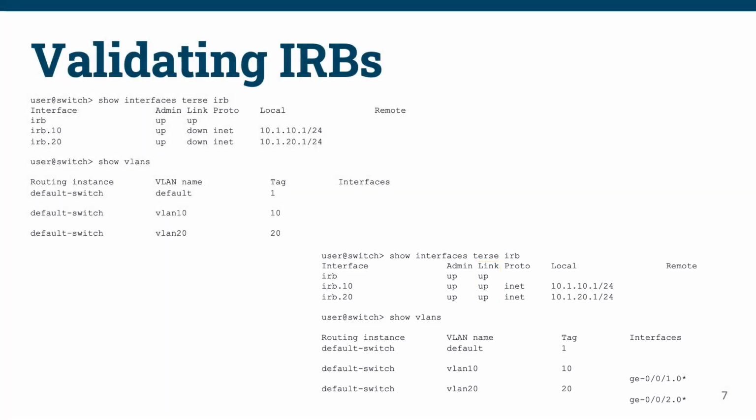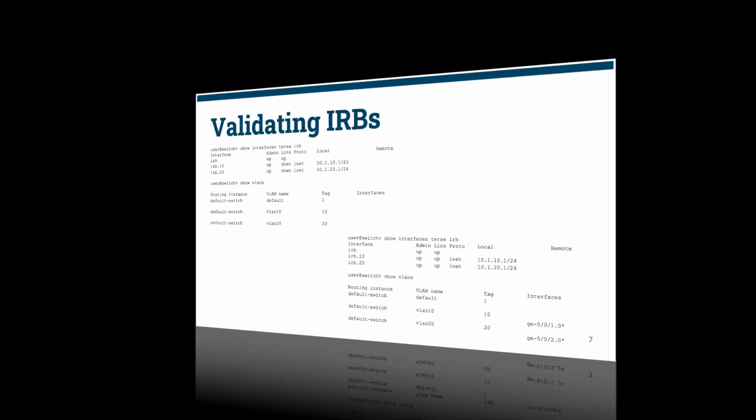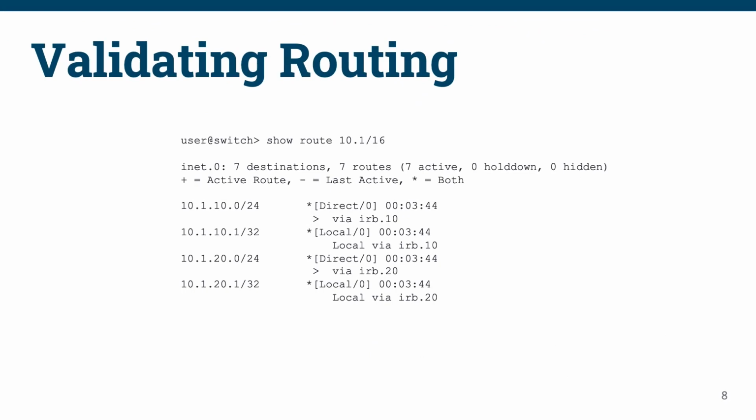Now that we've validated the physical status of our newly configured IRB interfaces, let's review what effect this has on our routing table in the device. To avoid having unnecessary routing entries here cluttering our view, we've only run the command to show us routes with destination prefixes in the 10.1/16 range.